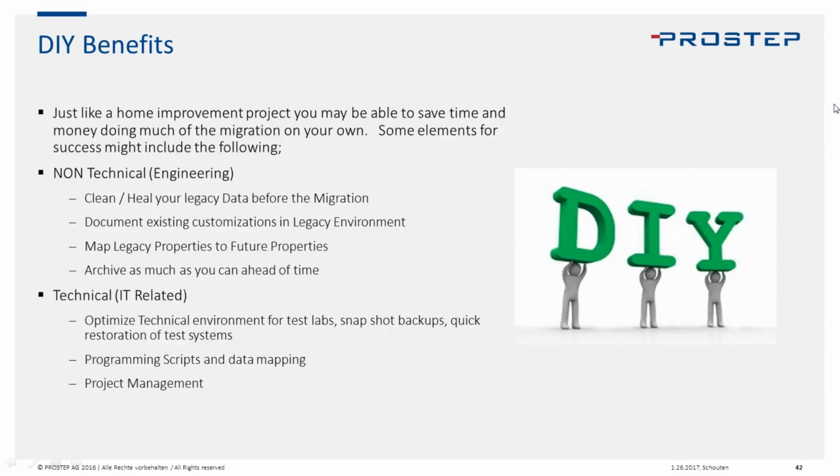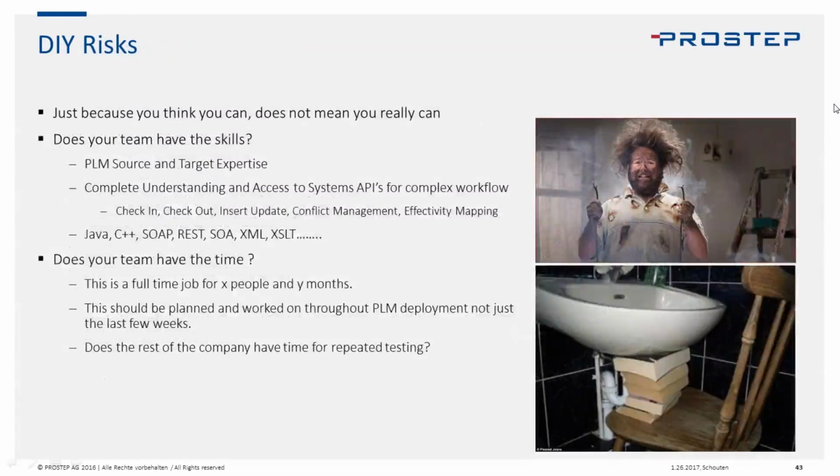But maybe there are some dependencies or some project planning that you might have missed, and certainly cost is definitely an issue in DIY. With the risk, does your team really have the skills, or do they have the time? And most of the time they have the skills. There is some programming and some APIs that you might need to work through, and you might not have all the expertise for that.